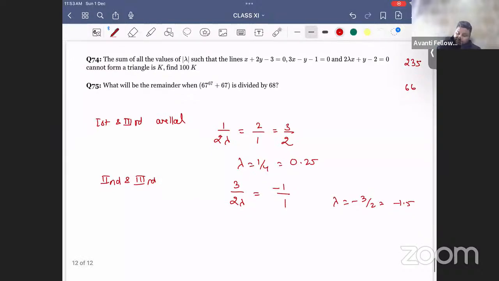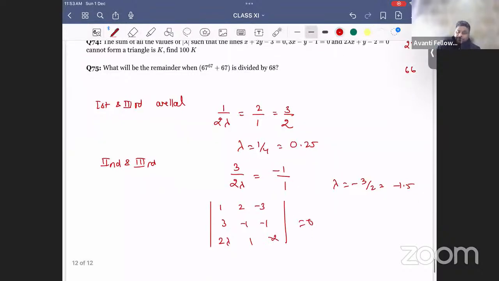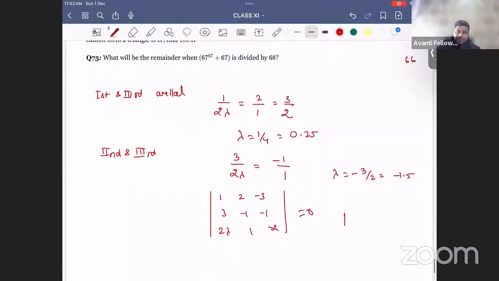And third case, if they are forming a point of concurrency, that means the determinant with rows 1, 2, minus 3; 3, minus 1, and 2 lambda, 1, minus 2 is 0. And if you simplify it, you get mod lambda as 0.6. Now get the sum of all values of lambda.